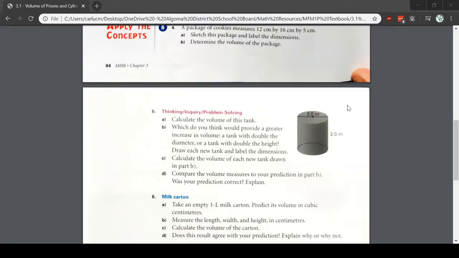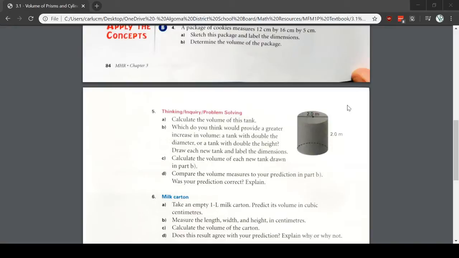Now if we double the height, volume equals 3.14 times 1 squared, because the radius stays the same, times doubling the height to 4.